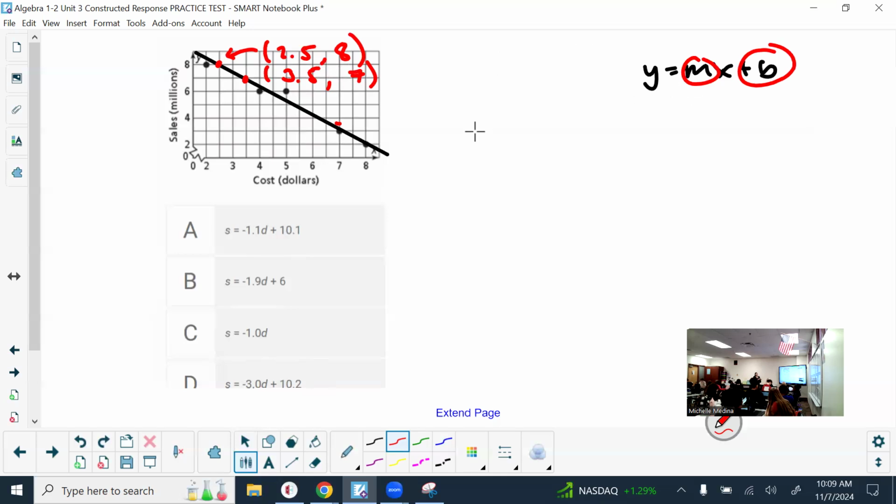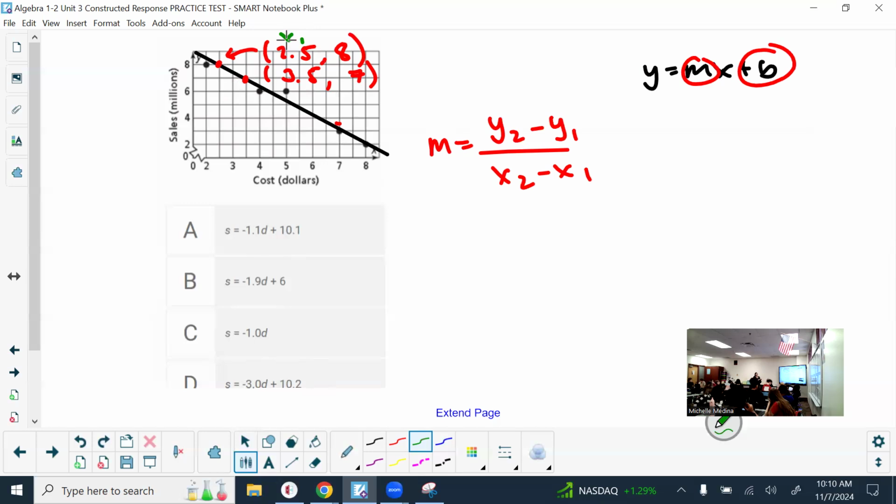The reason I picked the 2 points is because to estimate the slope, I'm going to use my average rate of change formula. This helps me find the m using 2 coordinates. I think that's a little easier than that.